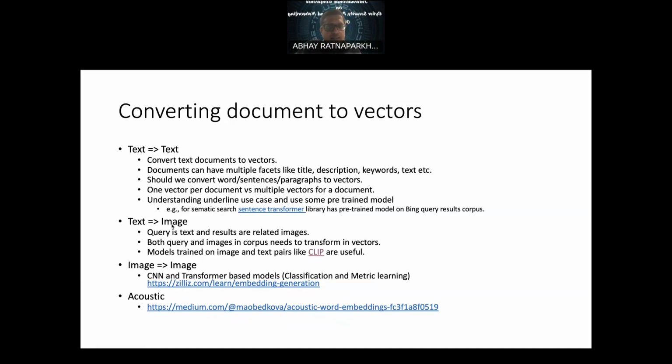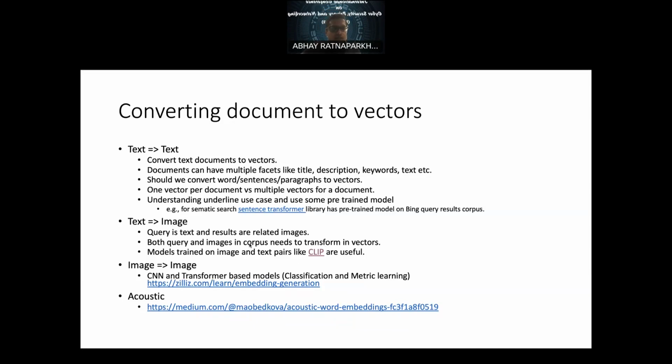So here again, you have to use some model, but think about that model: if that model is trained on image and text pairs, where you have the image and associated text, you should use that one, because that one will give you the most accurate embeddings. Here I mentioned the CLIP models, which is a popular one in this context.